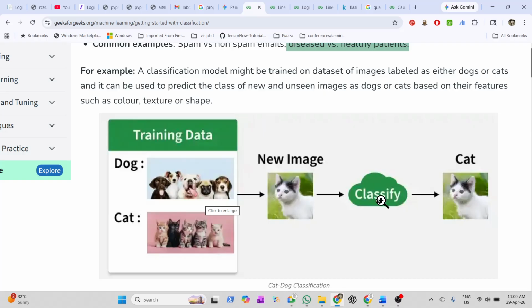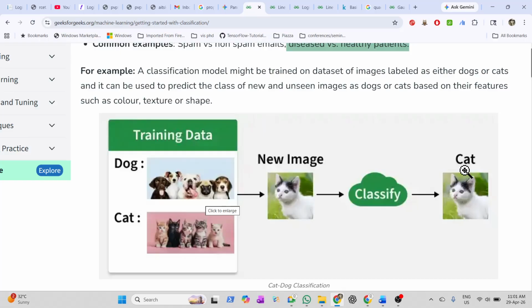It classifies that image into either cat or dog category, and because here the image belongs to the cat, and if it is giving its class also as cat, it means that it is correctly classifying the image.